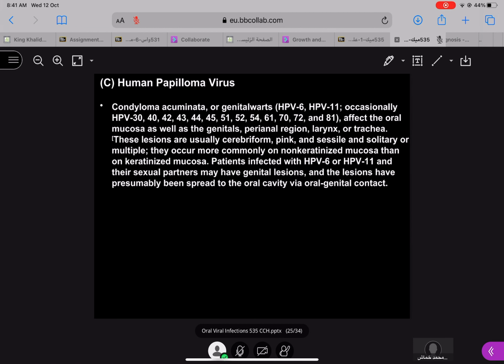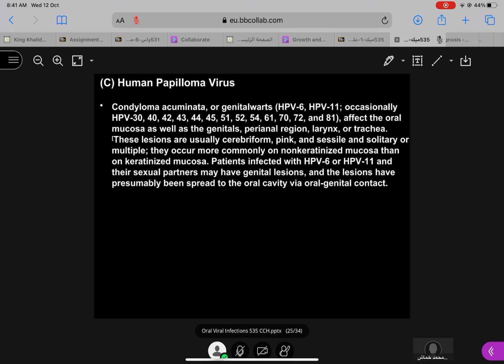This manifestation, which is condyloma acuminatum, or what we call genital warts, occasionally is caused by human papillomavirus. Different strains affect the oral mucosa as well as genitals and peripheral regions, larynx, or trachea.